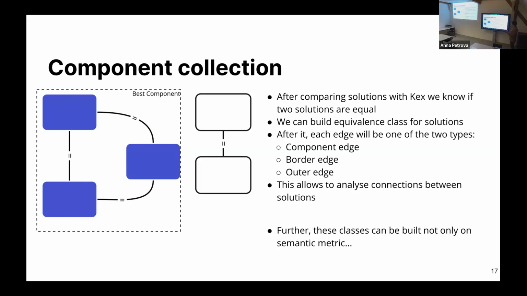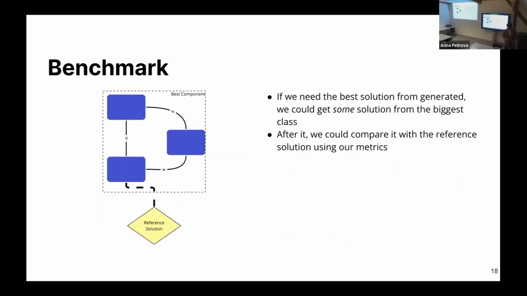These components are used, for example, for choosing the best class with the best solution. If we want to benchmark our metric, we need to choose the best possible solution.